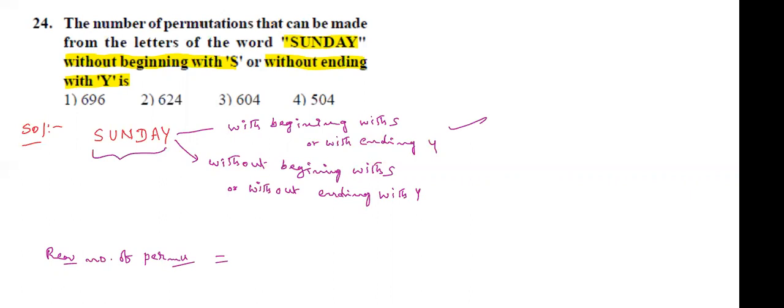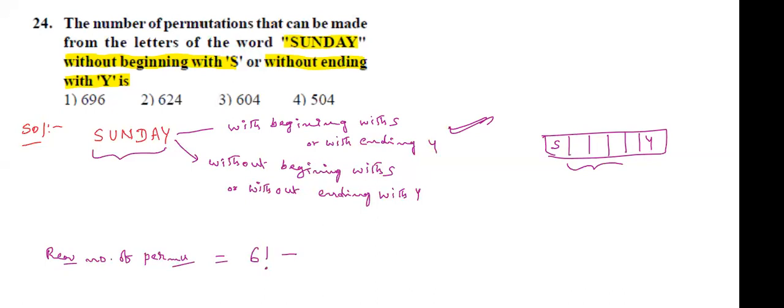How many letters are there? There are 6 letters that can be arranged in 6 factorial, minus what I am going to subtract. Sunday means those letters occupy 6 places: 1, 2, 3, 4, 5, 6. Beginning with S, ending with Y.